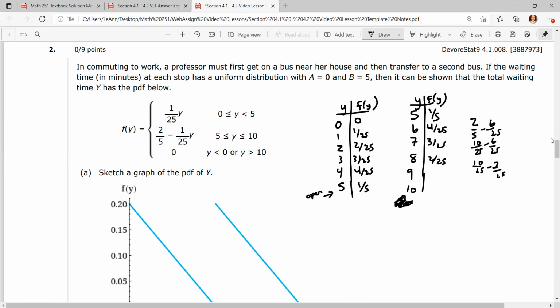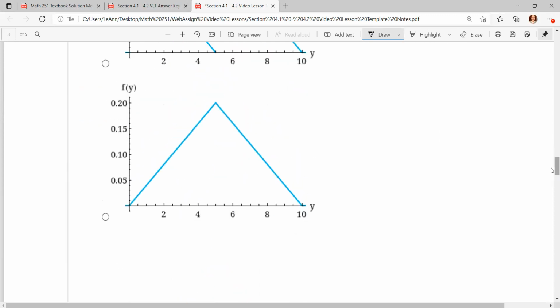Essentially, it goes back down the line, and you can check those. 10 ends up being 0. So the graph that matches this is the one that has the V shape for the second one right here. So notice that we start at 0, 0. In the middle, we're at 5, and 1/5 is 0.2 as a decimal. And then we go all the way back down to 0. So that is the correct graphic.